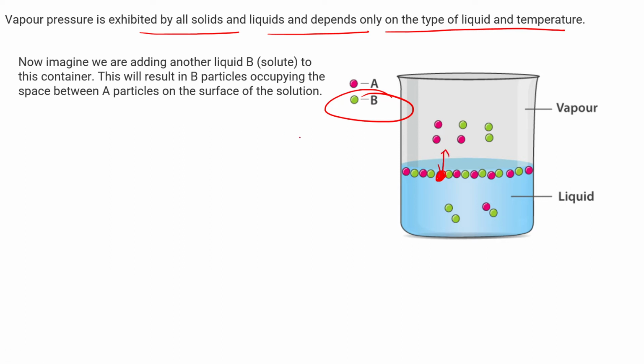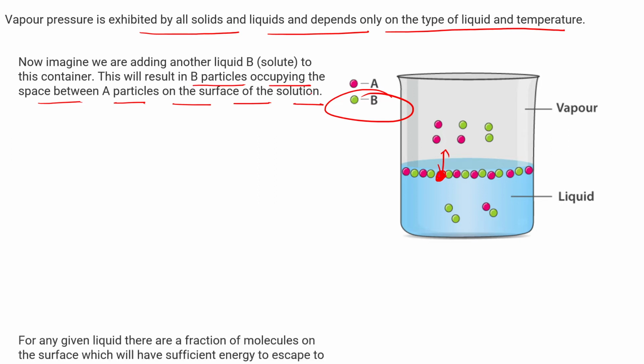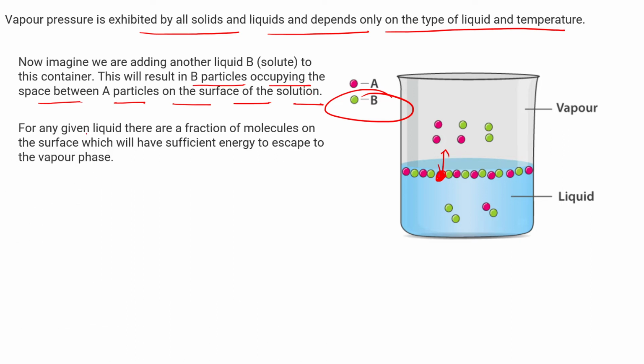So this will result in the B particles occupying the space between the A particles on the surface of the solution. For any given liquid, there is a fraction of molecules on the surface which have sufficient energy to escape to the vapor phase. So some particles on the surface have sufficient energy to eventually go to the vapor phase.